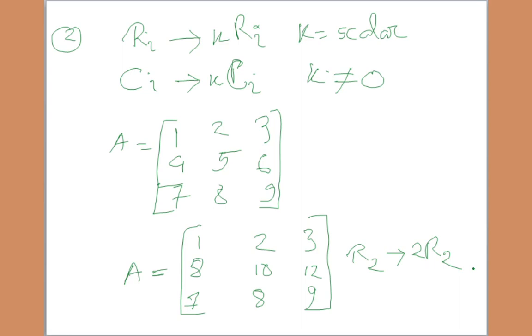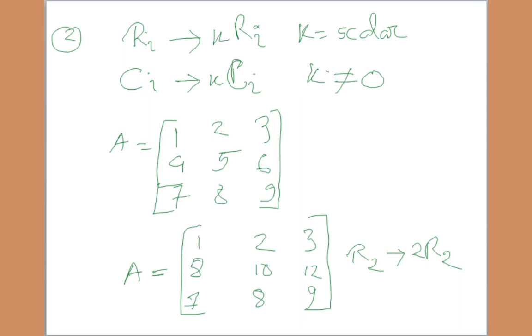The same property can be applied to columns also. If we multiply any column, first, second or third, by any number, similarly we can multiply like this.